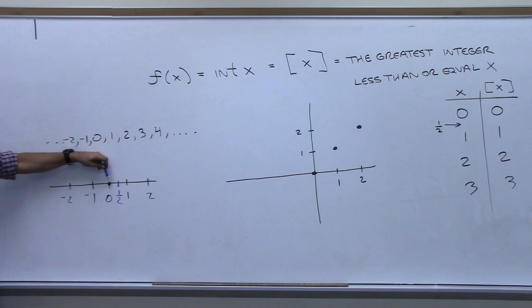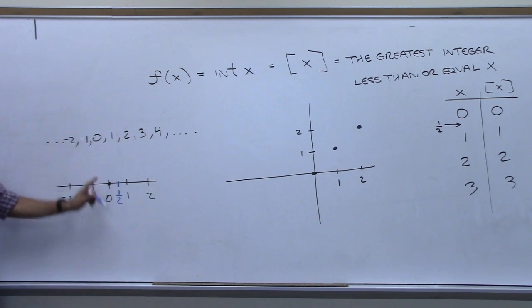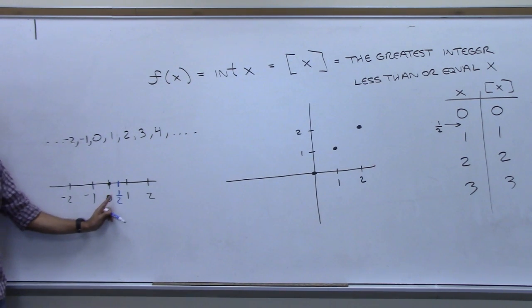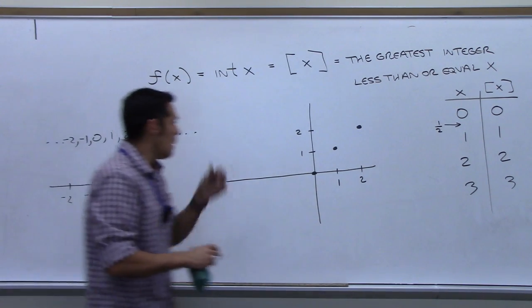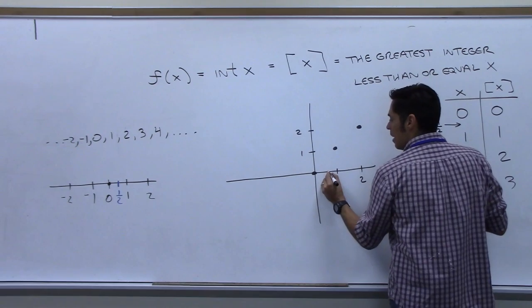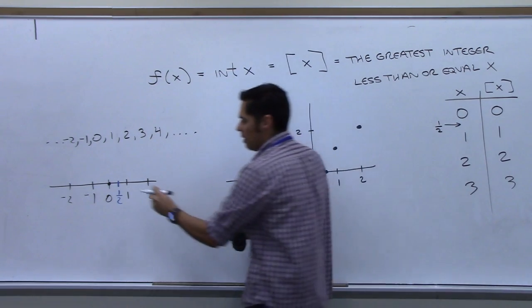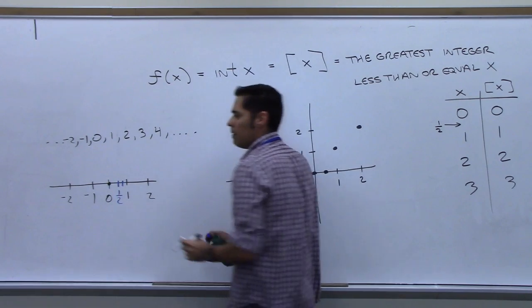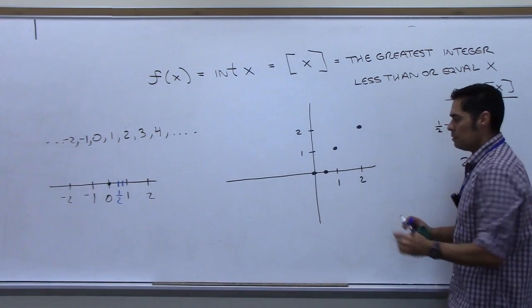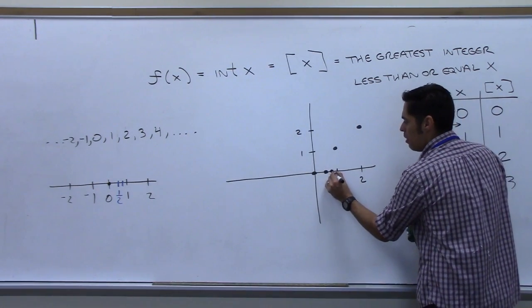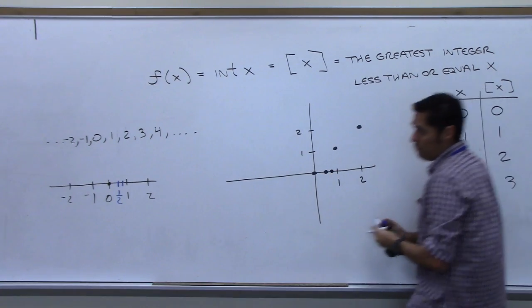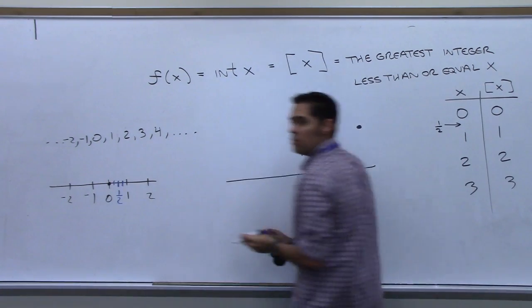So 0, right? It's going to spit out 0. Is 0 the biggest integer I can find that's less than that? Okay, so if I plug in 1/2, it spits out 0. What if I plug in 3/4? 0 again. What if I plug in 1/4? 0 again.